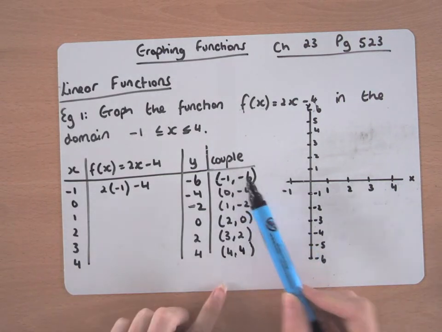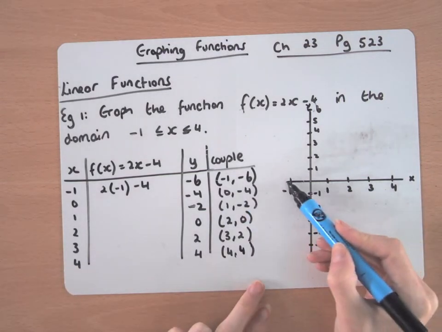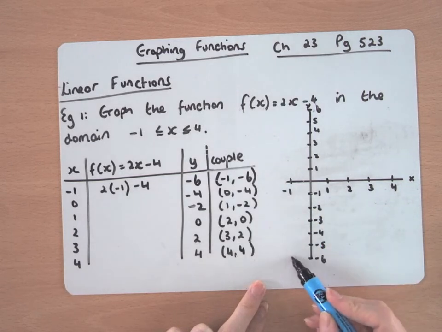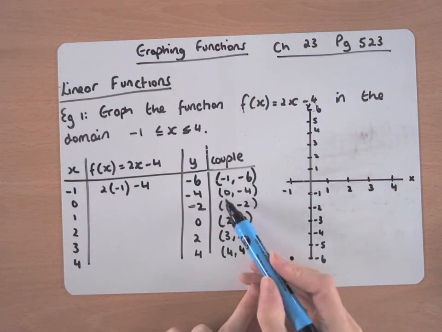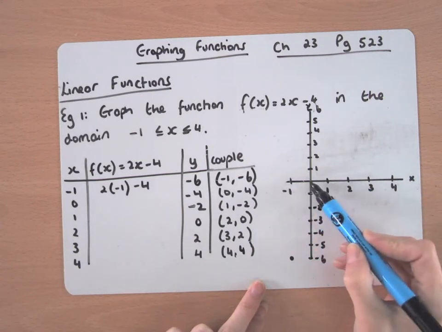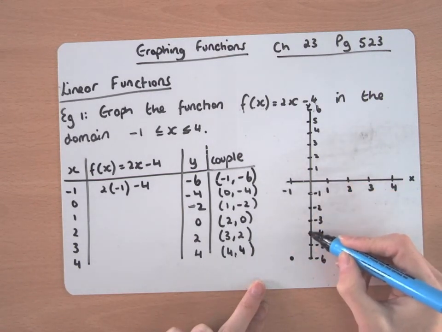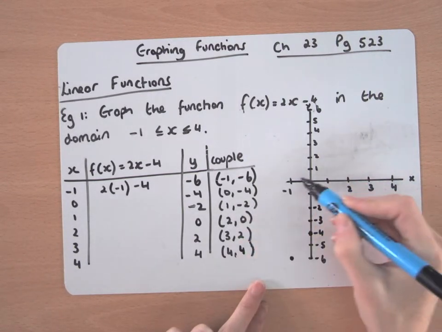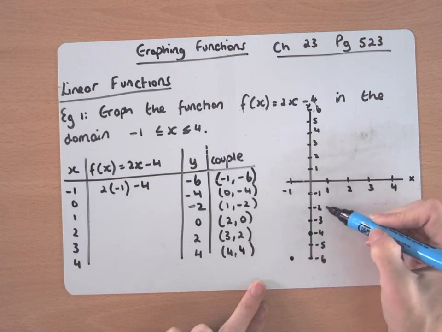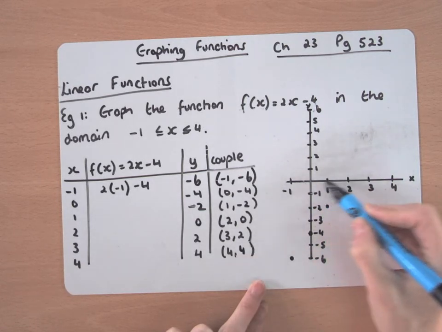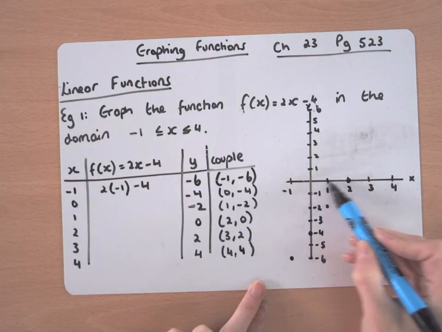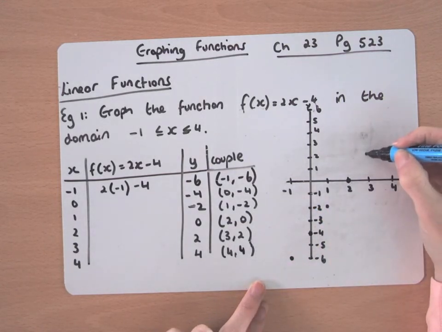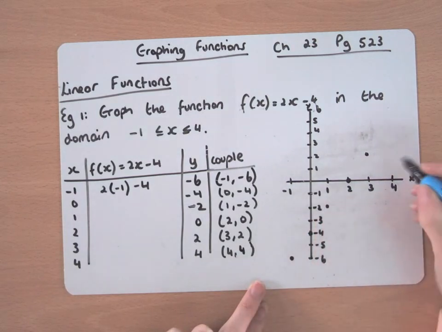So -1, -6 means go over to -1, then go down to -6. 0, -4, go over to 0, then go down to -4. 1, -2, over to 1, down to -2. Over to 2, up or down 0. 3, 2, over to 3, up to 2. And 4, 4, over to 4, up to 4.